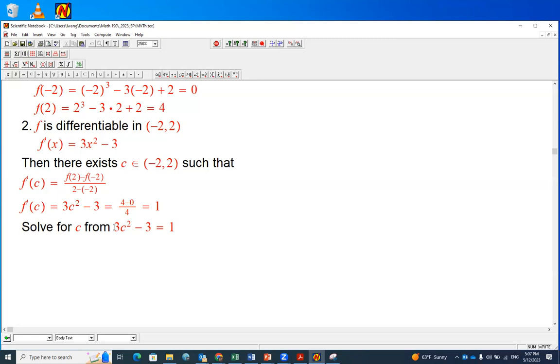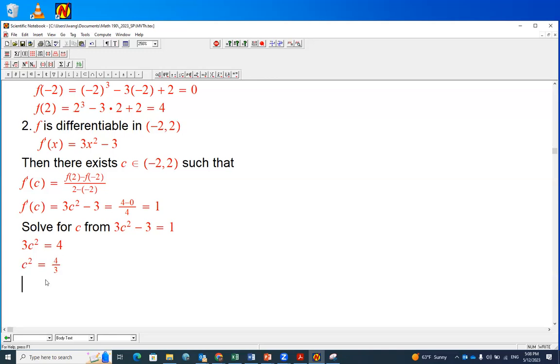We're going to add 3 on both sides. Okay, so we have 3c squared equals 4. This is purely algebraic. And we divide both sides by 3, right? So c squared is equal to 4 over 3.